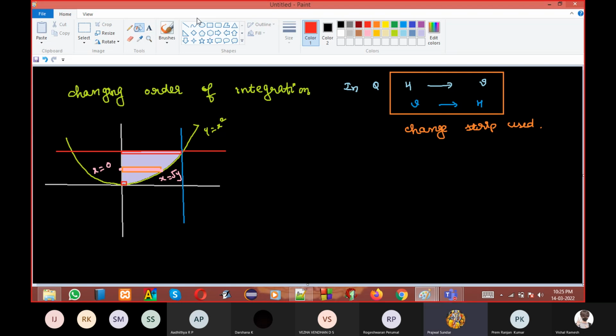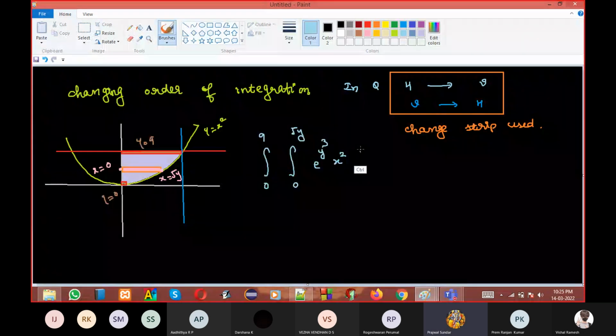That's it. Write the integral. New integral is integral 0 to root y, integral 0 to 9, e power y cube x squared. e power y cube, x cube equal by 2 into ex dy.